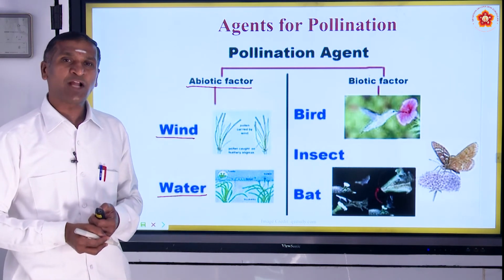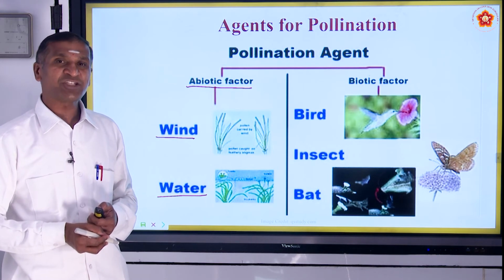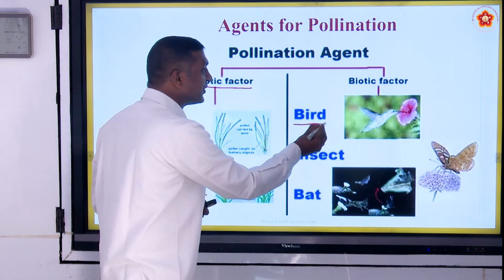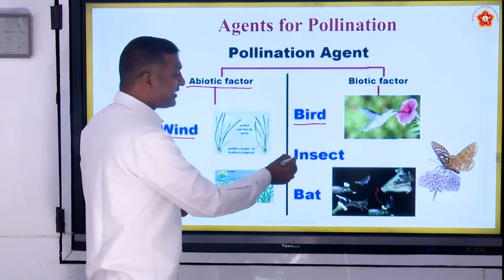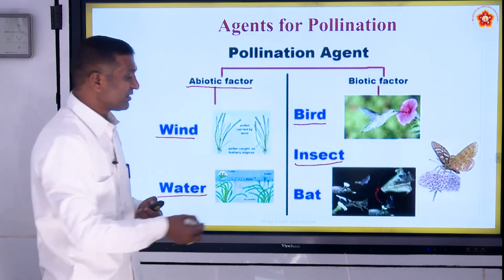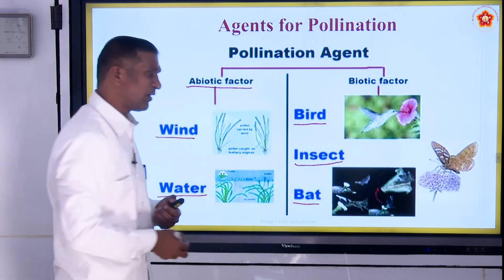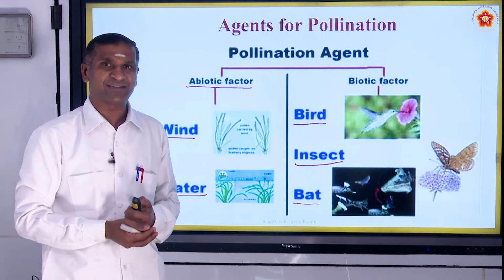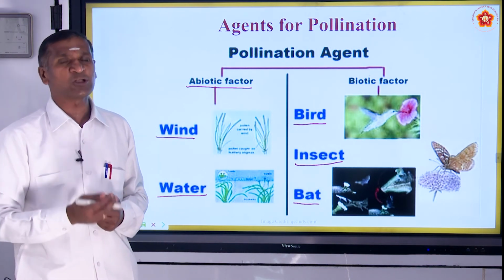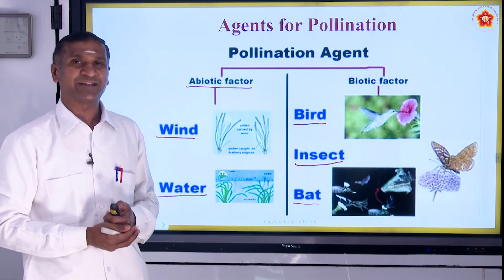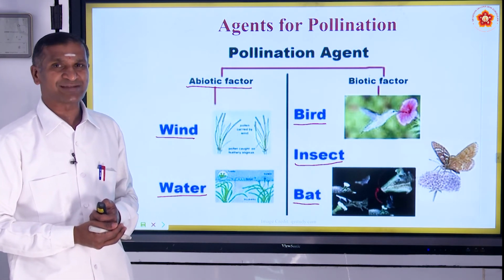The living or biotic factors which help in the transfer of pollen grains during pollination are birds, insects, as you can observe with the butterfly, and also the bat. Most of the animals, with the bat as one example, are agents for the transfer of pollen grains during pollination in flowering plants.